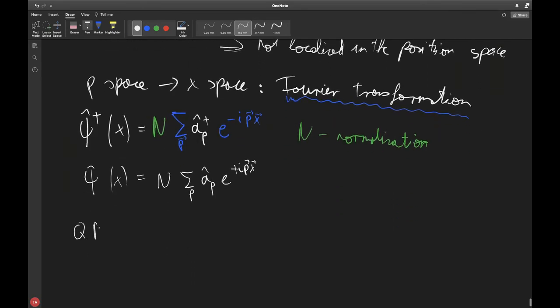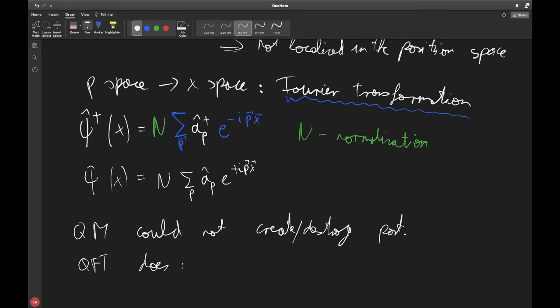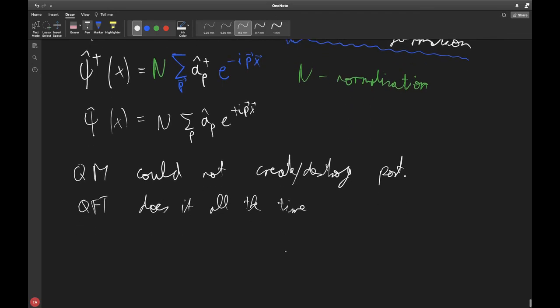So quantum mechanics could not create or destroy particles, but quantum field theory does it all the time. It's essentially the definition of a quantum field that it's built up from creating particles from nothing.